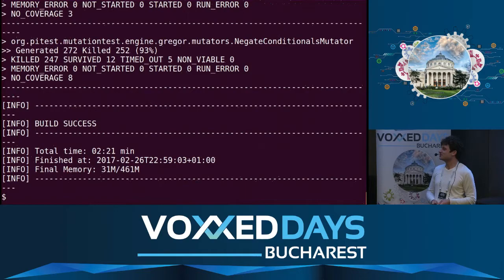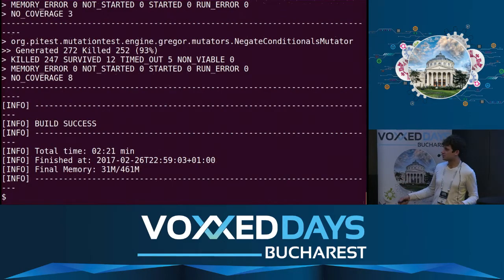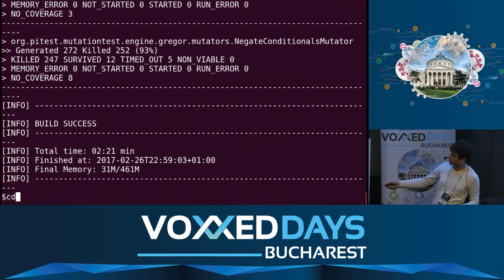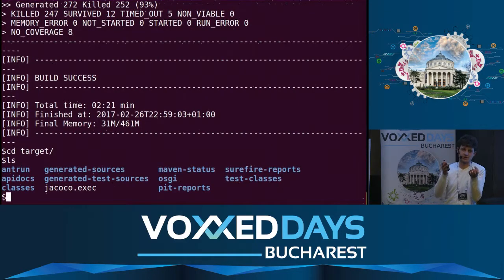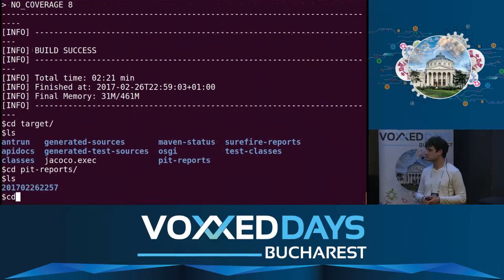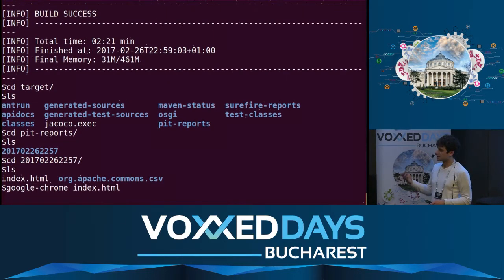Okay, so it took 2 minutes 20 seconds in total. Now we can open the reports. You also don't see it because it's somewhere there on the console, but I just open the reports in the browser, and you will see it in a second. It's generated by date, and there is a nice index HTML.